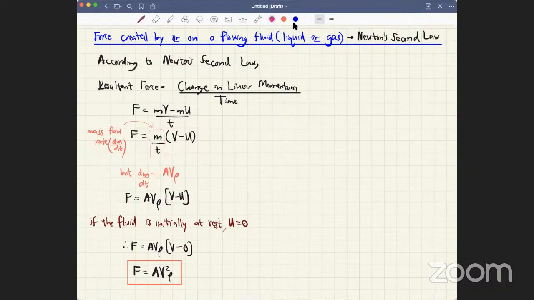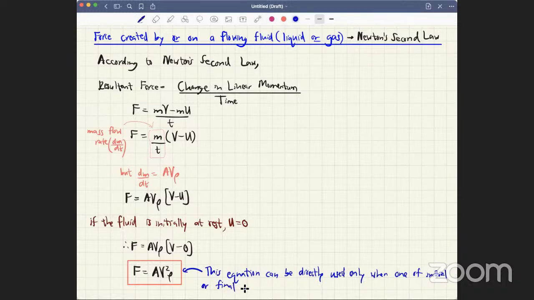So near this, let's add a note. This equation can be directly used only when one of the initial or final velocities of the fluid is 0.